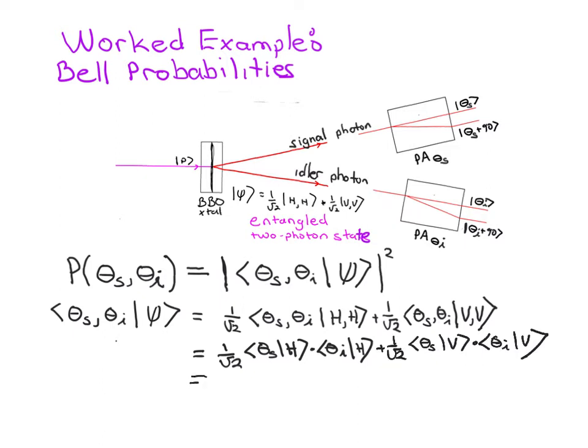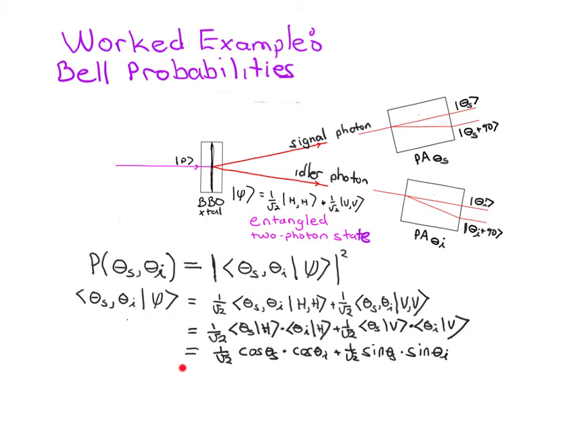And so our overall probability amplitude is just 1 over the square root of 2, and this first inner product here gives a factor of cosine theta sub s times cosine theta sub I, plus 1 over the square root of 2 sine theta sub s times sine theta sub I.